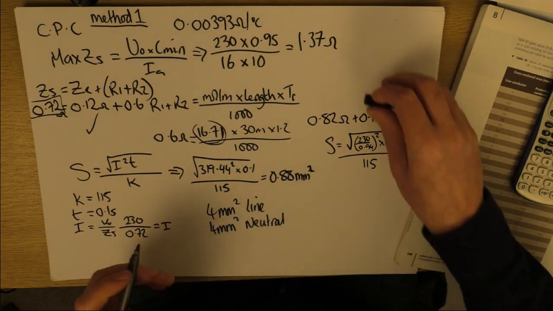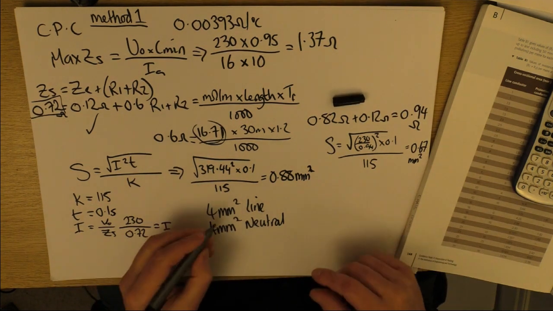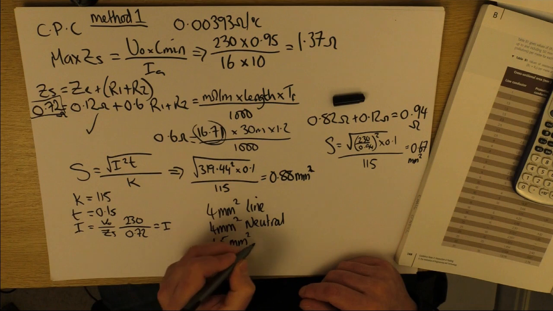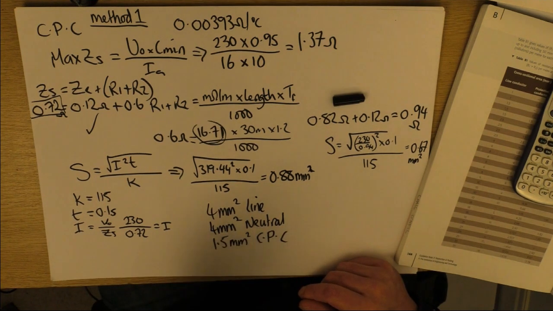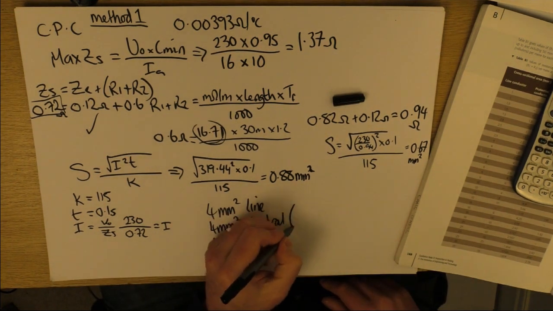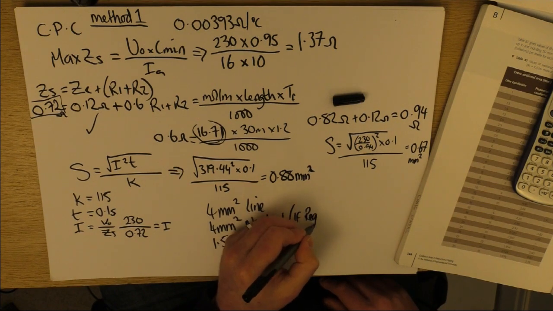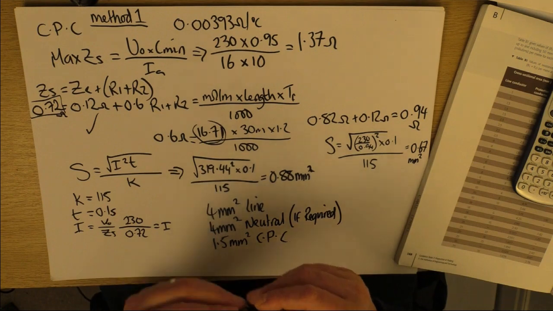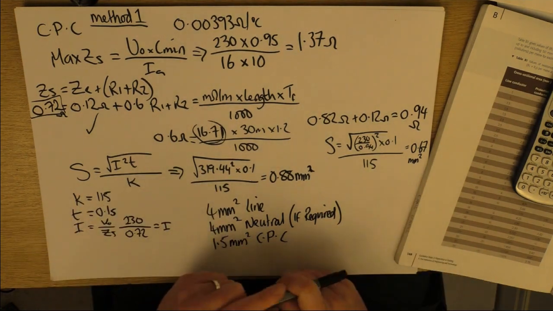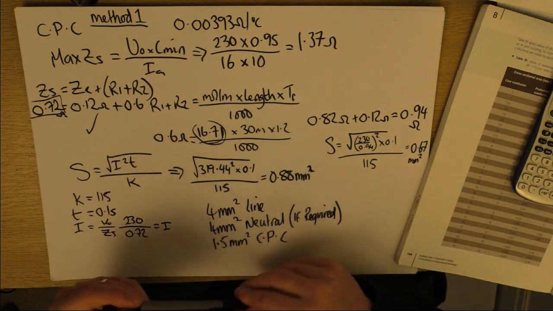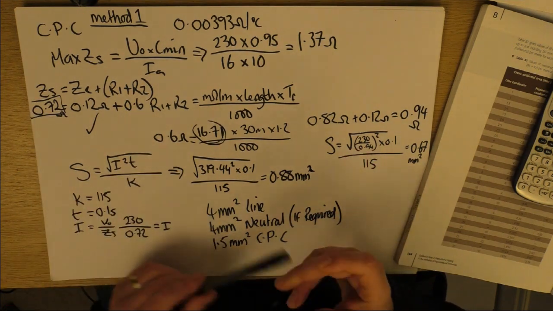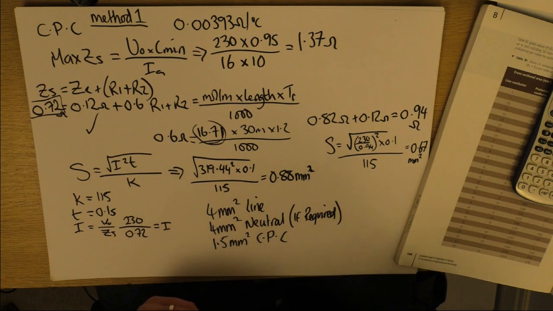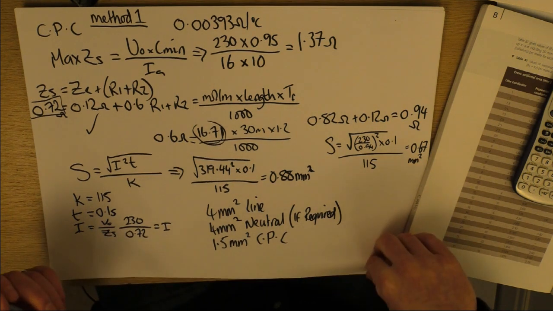It's a 3-phase induction motor obviously, so probably don't need it. 1.5 C.P.C. The only reason you may need a neutral is that some controls for the motor might need it. Obviously, as it's a motor, it probably needs other types of protection as well, like under voltage protection, stuff like that. But there we go, that's the cable selection done. Happy days.